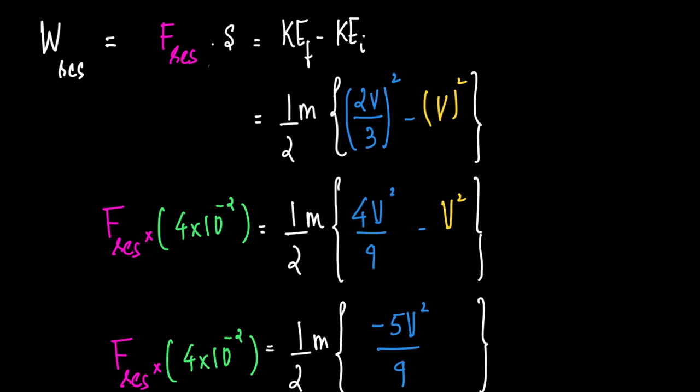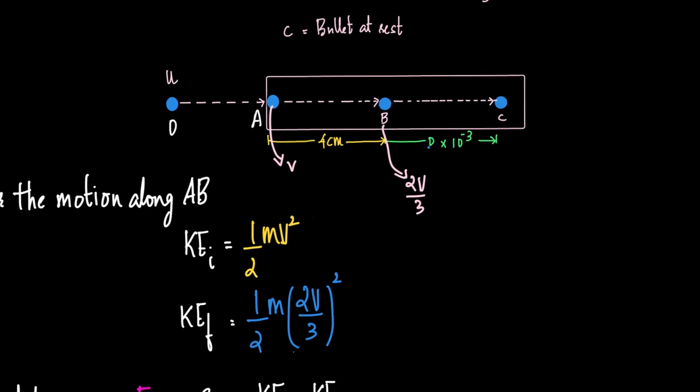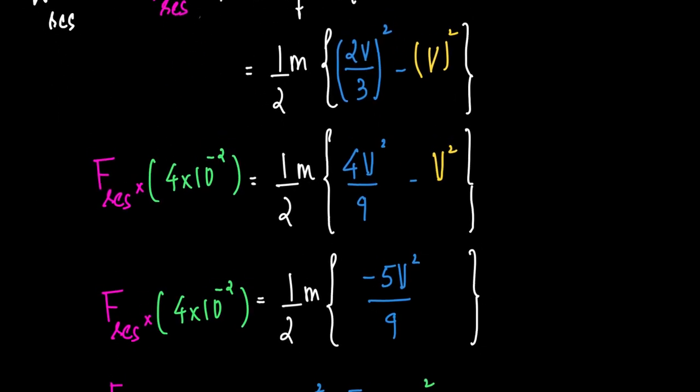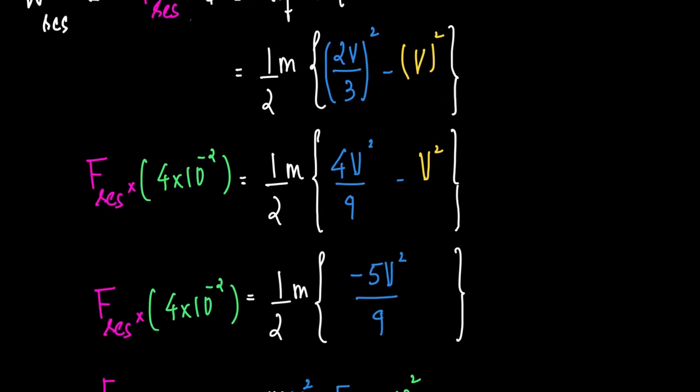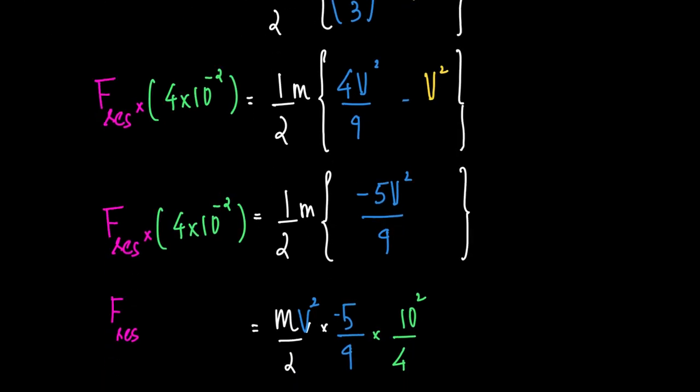It is given in the question that the displacement is 4 centimeter, this 4 centimeter over here. So we can replace the displacement with 4 into 10 to the power minus 2, which is equal to half m into ((2v)^2/9, which is 4v square by 9) minus v square. 4v square by 9 minus v square is minus 5v square by 9.